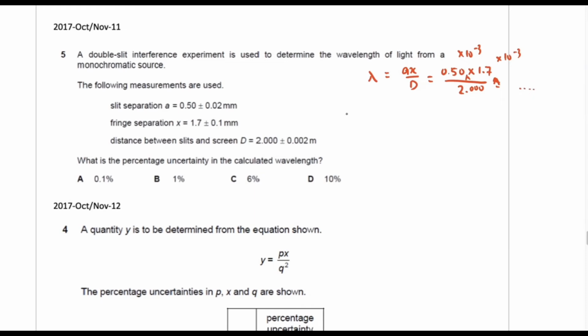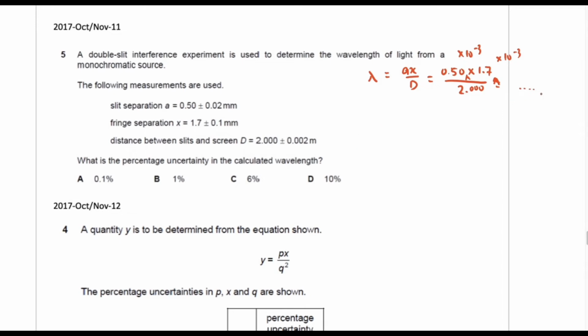Try to imagine something like that. Changing everything to millimeter will also be fine. You change the bottom one to millimeter, and the top one just remains.